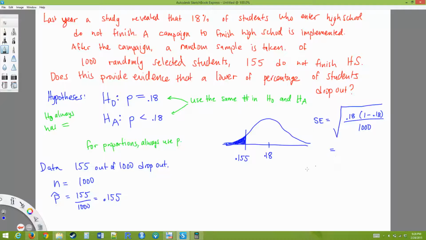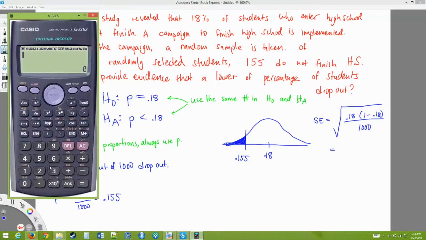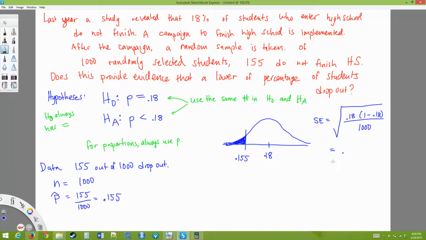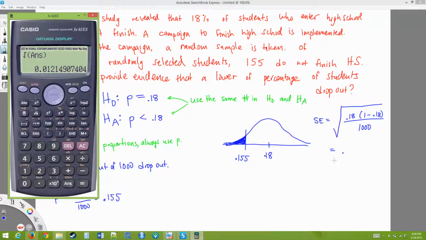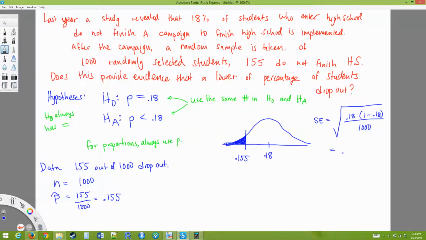Punching this into my calculator, 0.18 times 1 minus 0.18 divided by 1,000, and I take the square root of the answer. I get my standard error is 0.01215. That's my standard error.